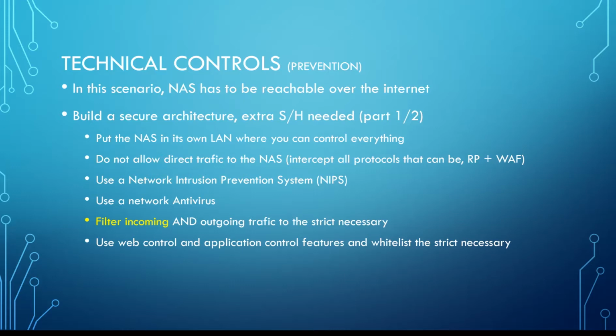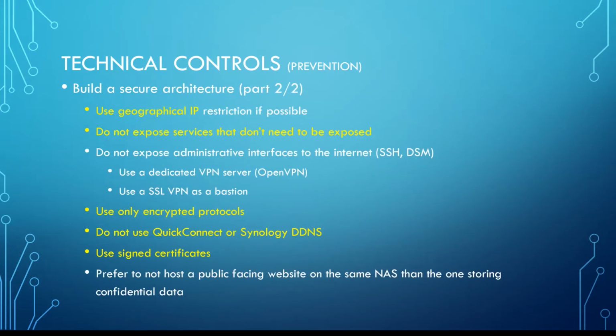You can also use the web control and application control feature and whitelist again to the strict necessary. I'm going to show you a print screen after, but of course this is not a NAS security control that you can implement. You can also use geographical IP restriction if possible, and this can be done on the NAS.